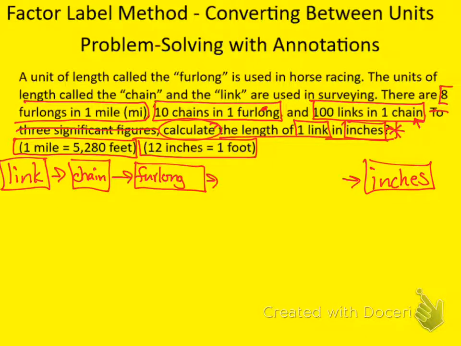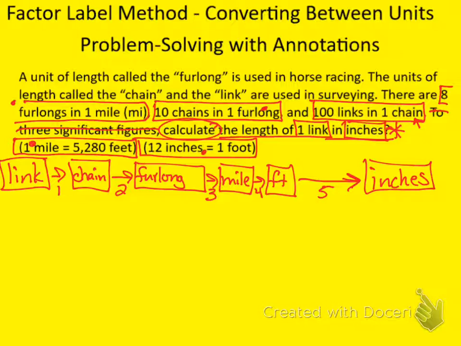Let's look for where furlongs. Looks like that connects up to a mile. Then mile gets me to feet. Okay. And foot will get me to inches. So I can do this conversion in 1, 2, 3, 4, 5 steps. This is going to be big, but these are more complicated actually than the chemistry ones we're going to do.